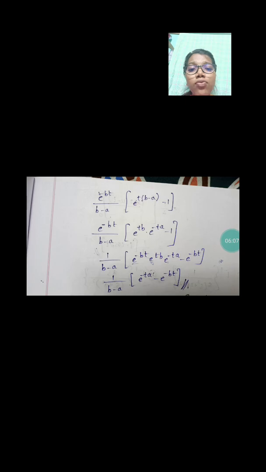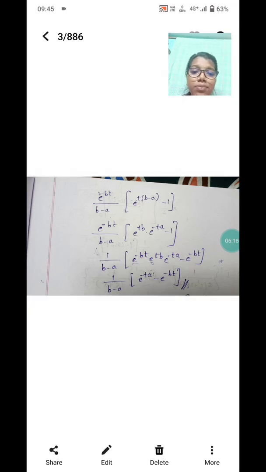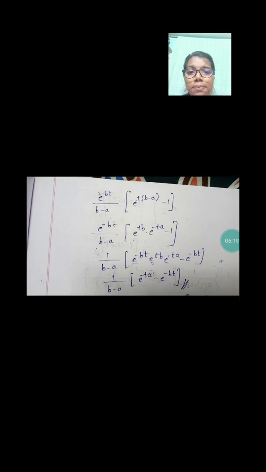Outside of the braces, e power minus bt is multiplying the total term, so it goes into the actual term. So e power minus bt into e power tb into e power minus ta minus 1.